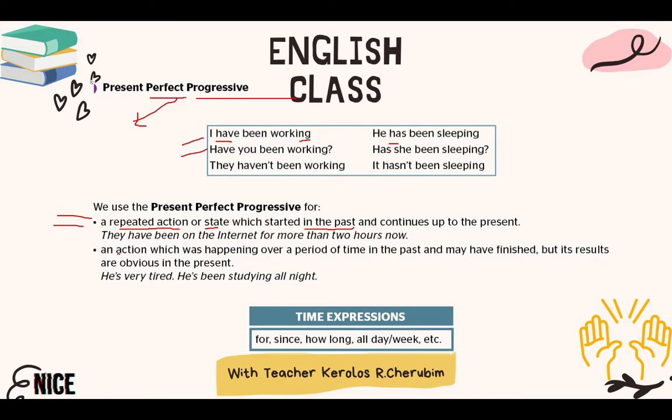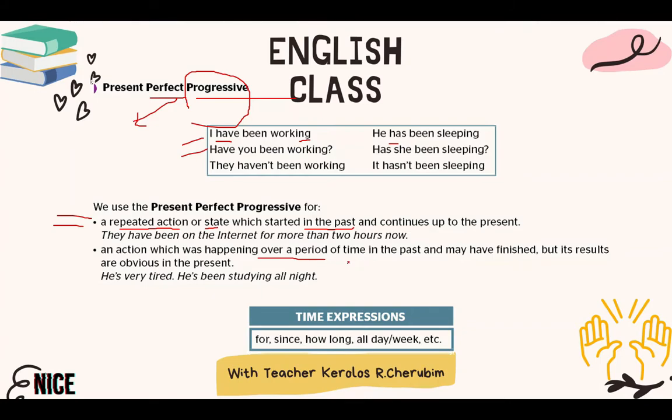In this second usage, we are talking about an action that was happening over a period of time. Here, like I mentioned above, when I said progressive, the progression shows you that there's duration, there's a period of time, there's a length of time that is happening.